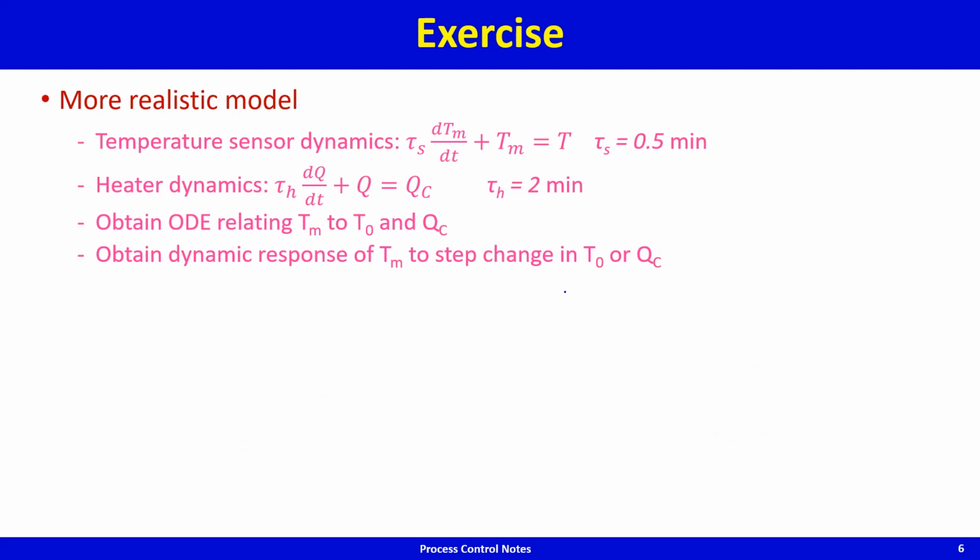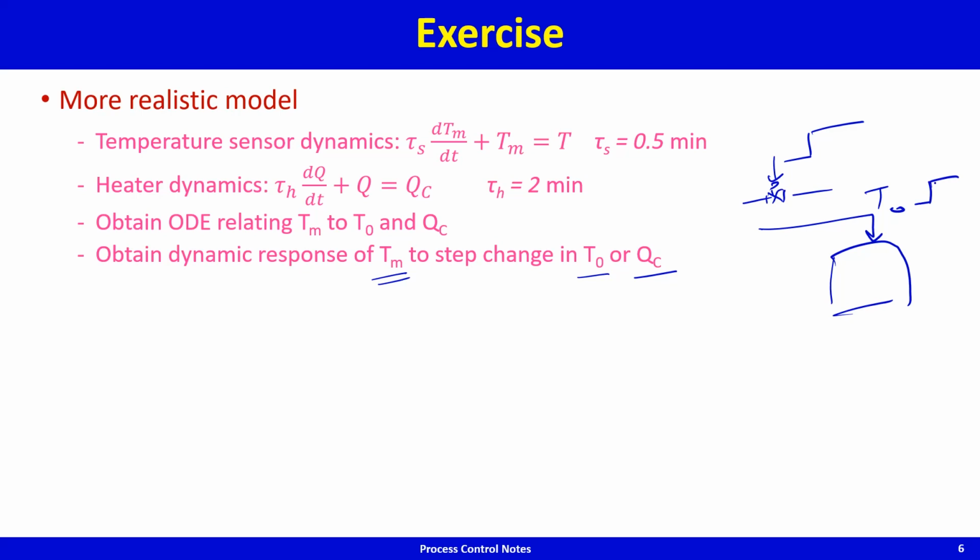So there are heater dynamics and sensor dynamics, and so what I'm saying is, obtain the dynamic response of T measured to a step change in T naught or QC. That means the signal to the valve changes as a step, or in your process T naught changes as a step.